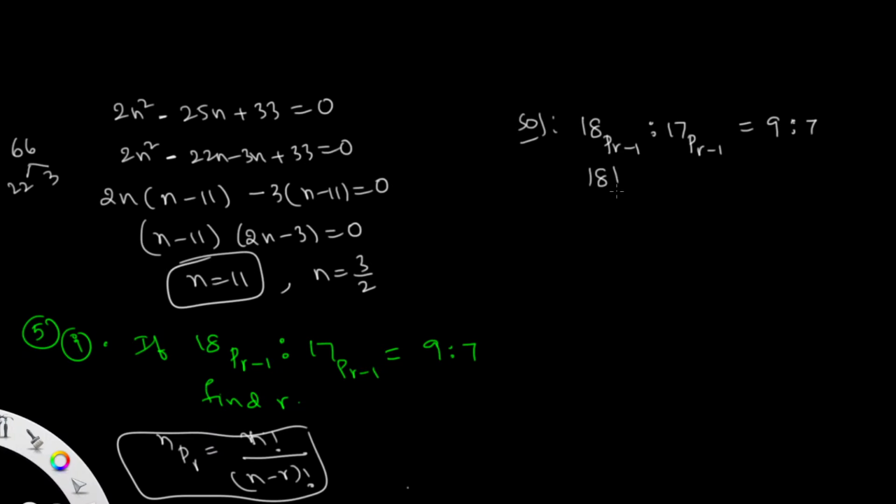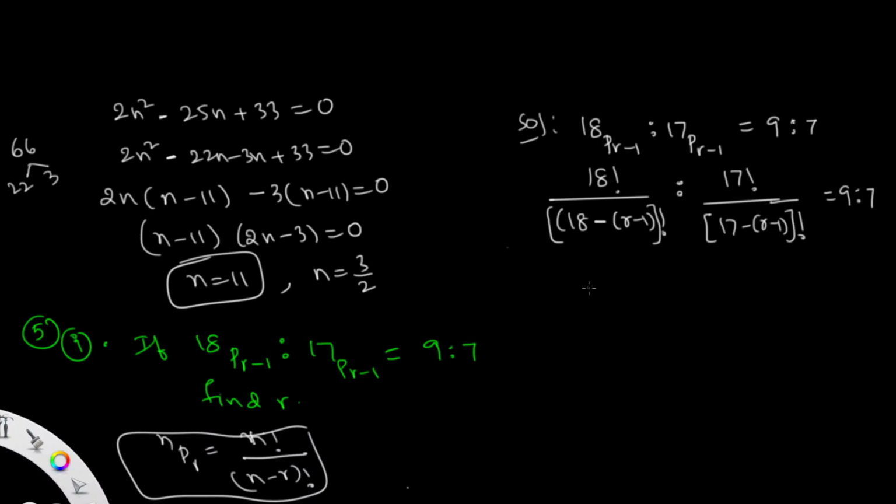So that is 18 factorial by 18 minus r minus 1 factorial, which is nothing but in the form of n minus r factorial, divided by 17 factorial by 17 minus r minus 1 factorial, that is given as 9 is to 7. So that is 18 factorial by 19 minus r factorial, ratio 17 factorial by 18 minus r factorial, equal to 9 is to 7.